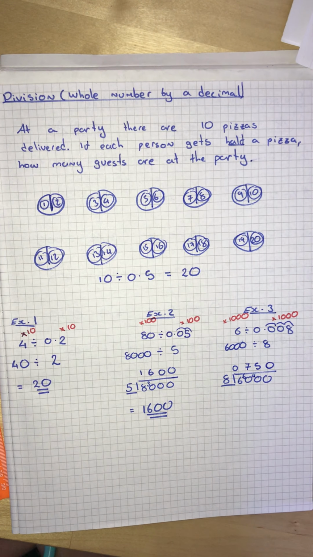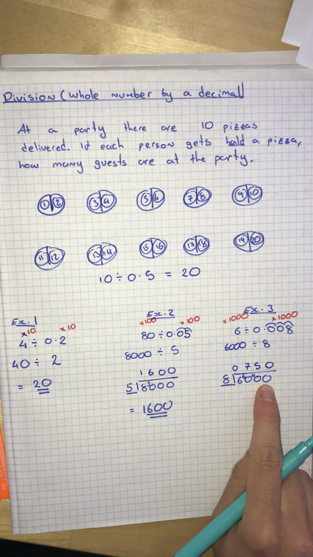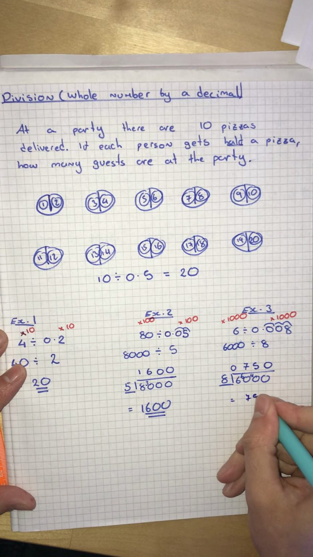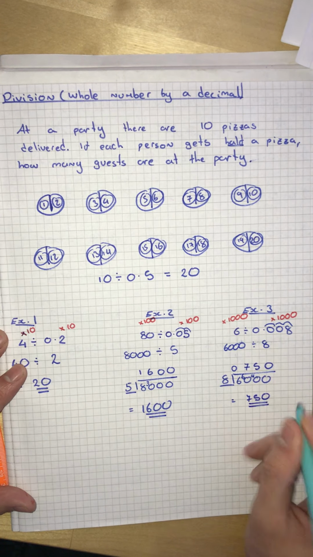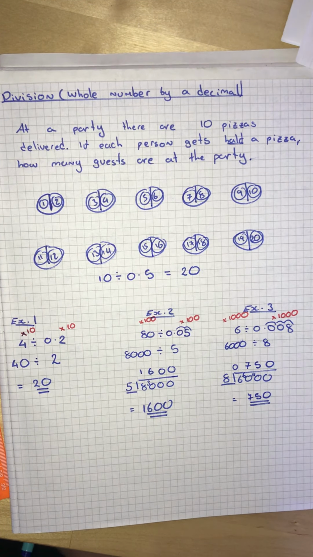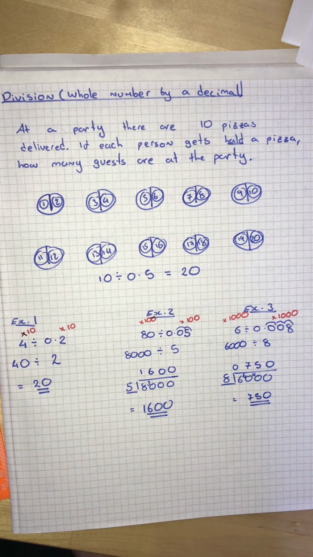Remember, you can use a times table square if you're struggling with them. So 6,000 divided by 8 is 750. So 6 divided by 0.008 is 750. So that's how you can divide numbers by a decimal.